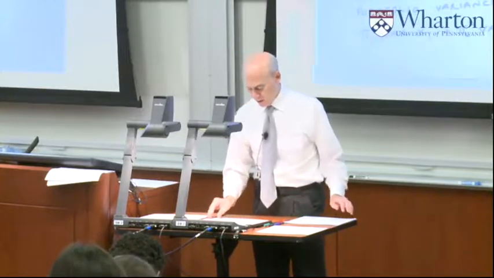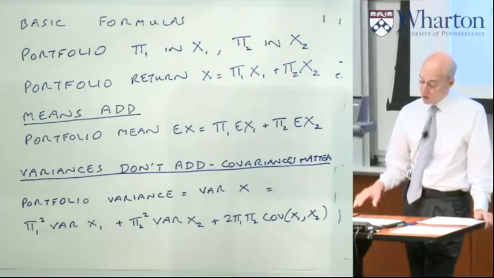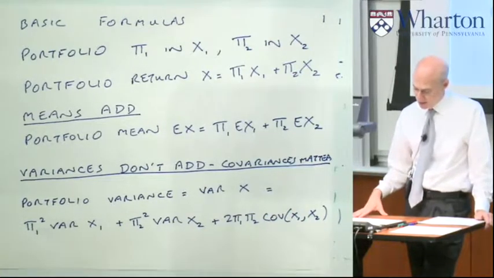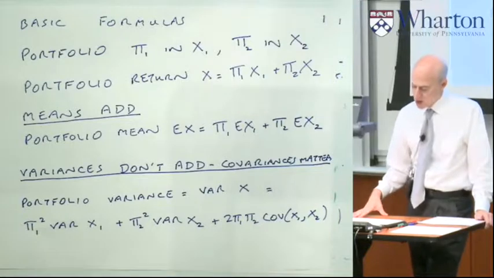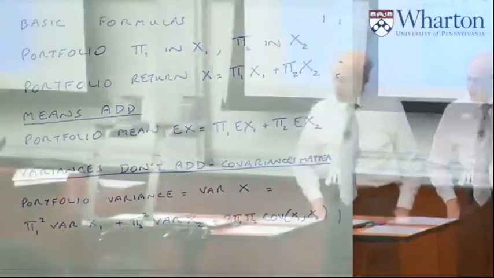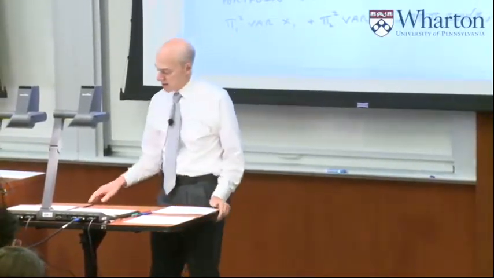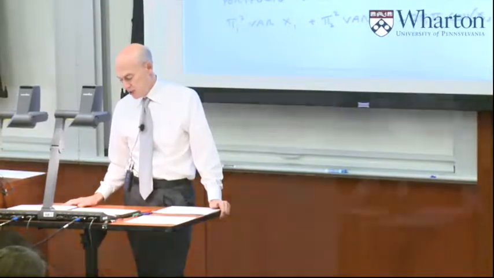Now, if you think back, we had our basic two-stock portfolio formulas. So if we've got pi1 in x1 and pi2 in x2, the portfolio return is just pi1 x1 plus pi2 x2. We know that means add, so the portfolio mean is pi1 E[x1] plus pi2 E[x2].